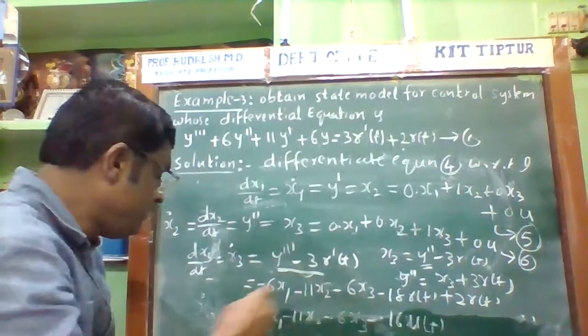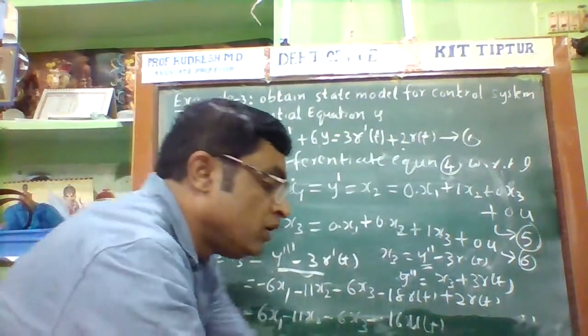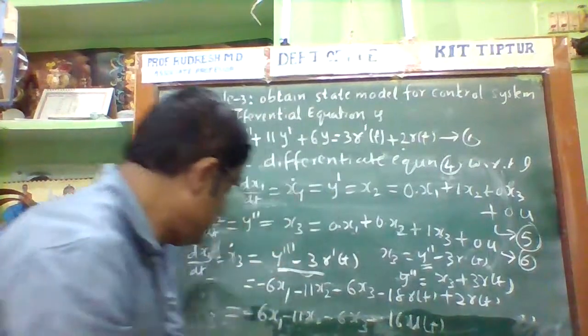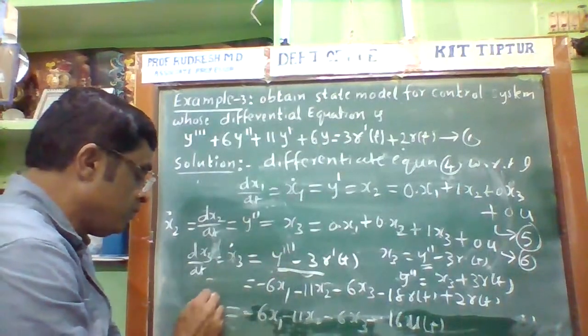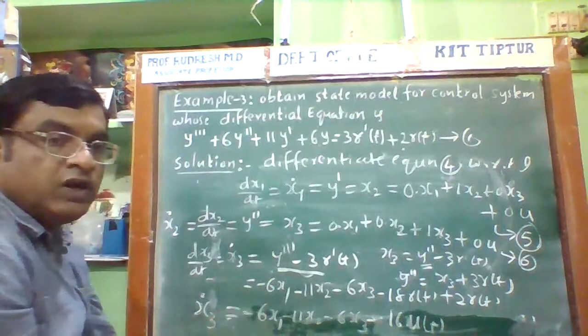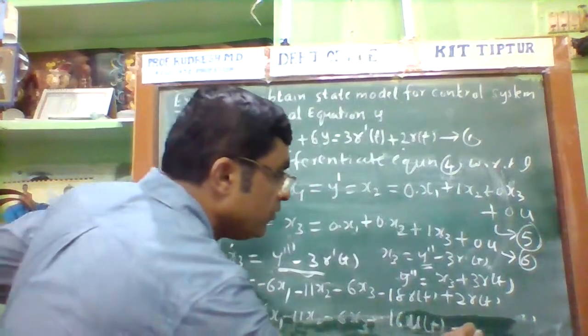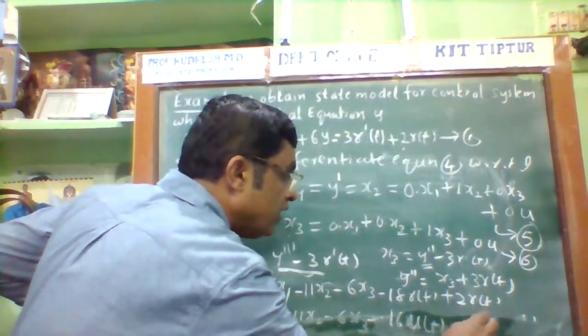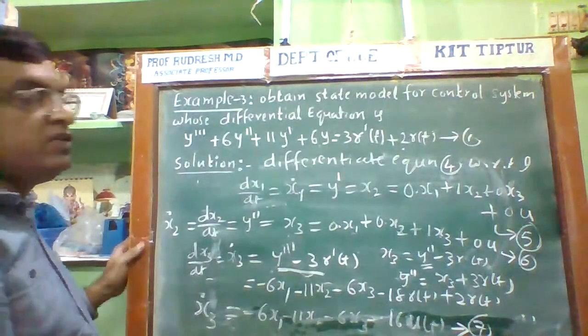Now this is the value of another state variable. So now this is x3 dash, and this is equation 7.